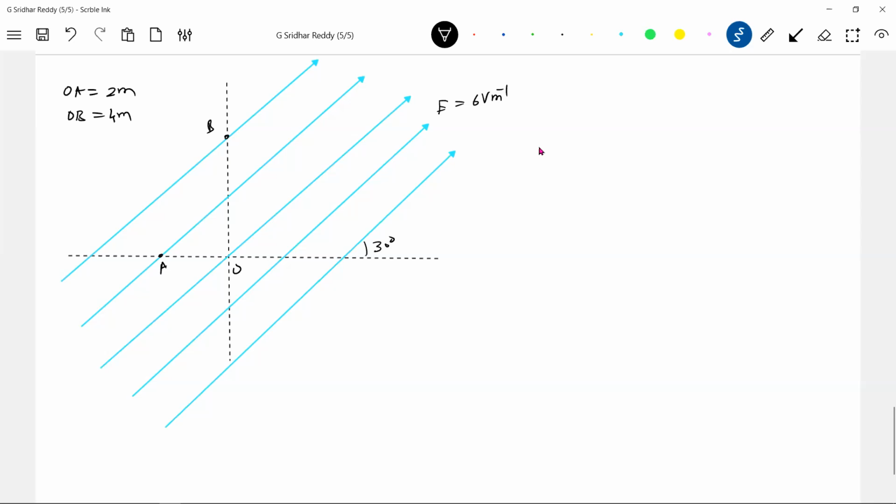Now I want to find the potential difference between points A and B, and the work done by an external agent in moving a charge of 2 coulomb from B to A. Find VAB and the work done by an external agent in moving a charge of 2 coulomb from B to A. Very simplified one.